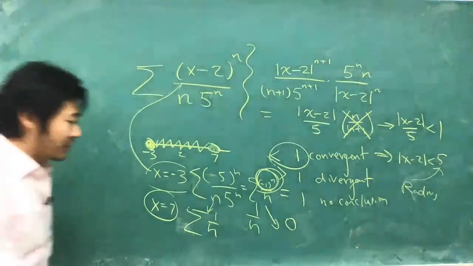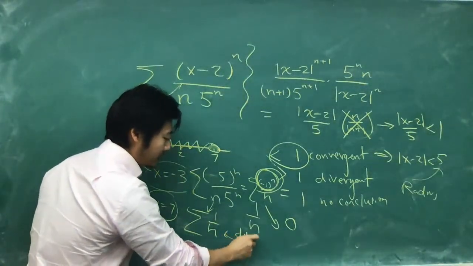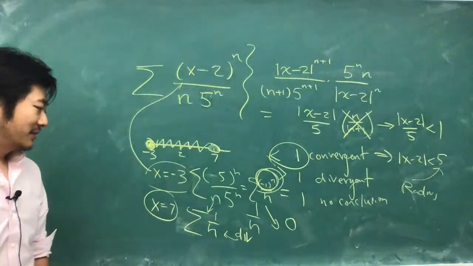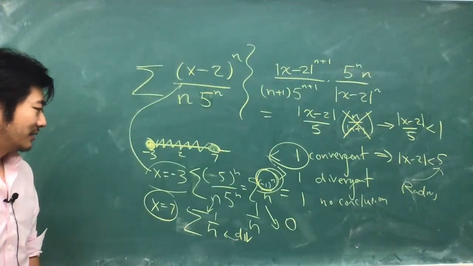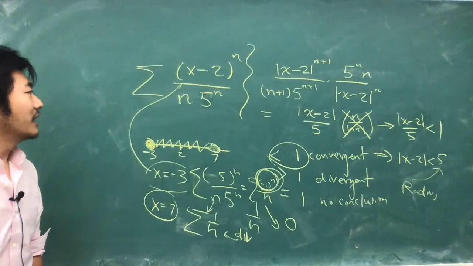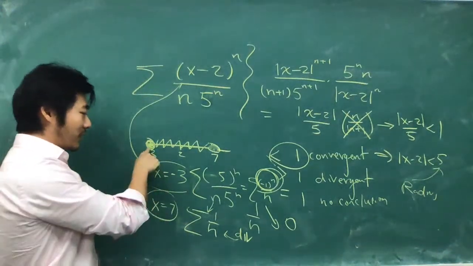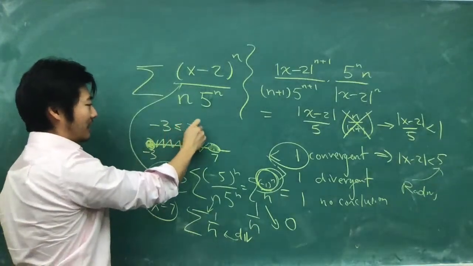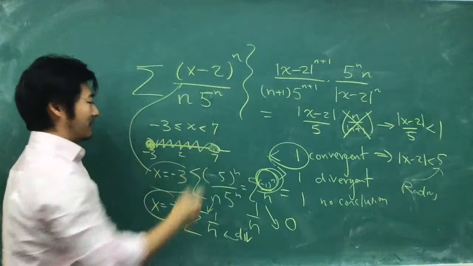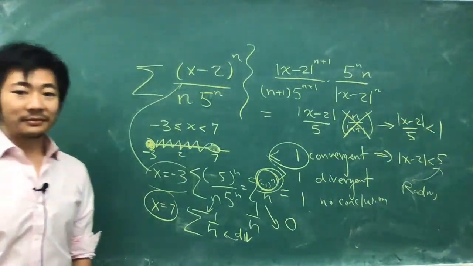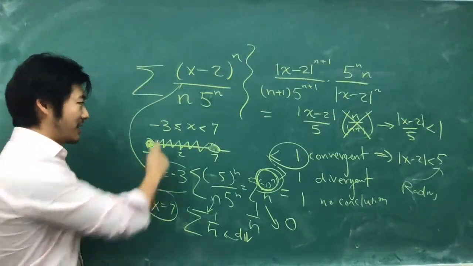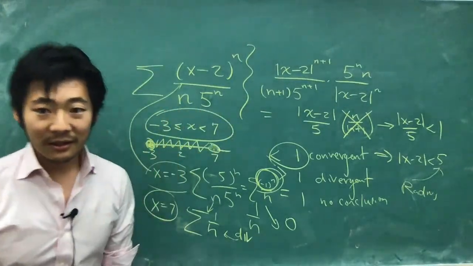But that's divergent because it's a harmonic series. And so it converges over here and diverges over here. So negative 3 and 7. And so this is the interval of convergence.